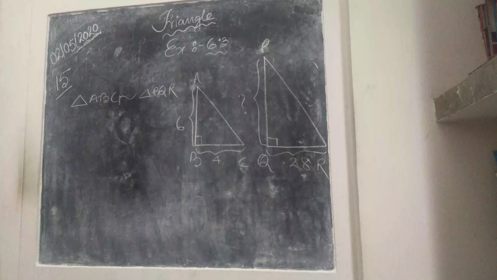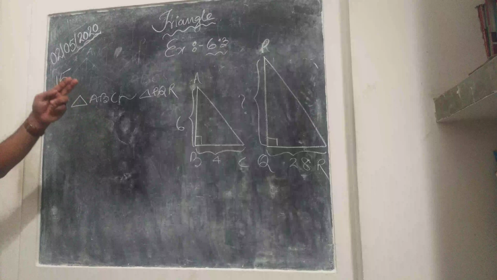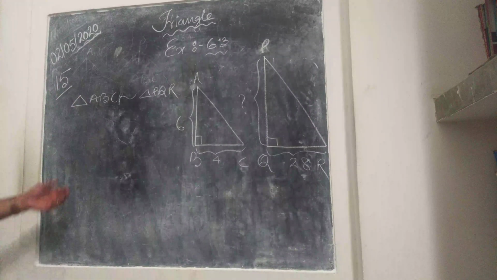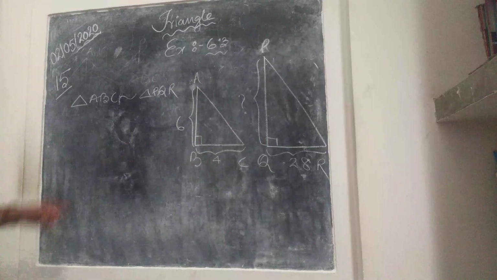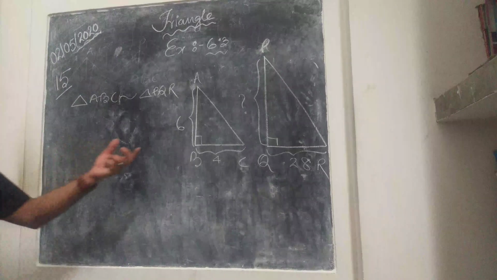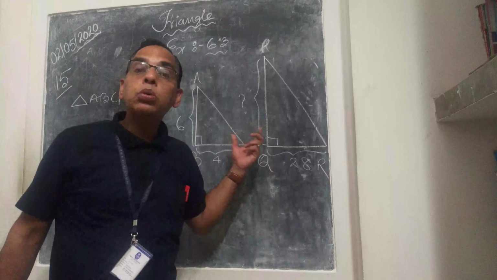One angle is equal, and another is that AB and PQ are the altitude. So without the similarity property, it cannot solve, and that's the reason that both are looking alike. Similarity means both are looking alike.